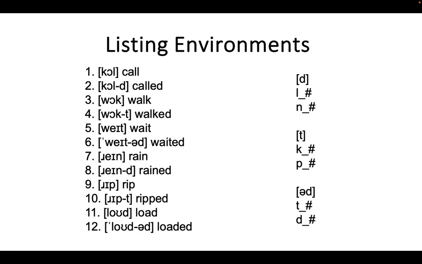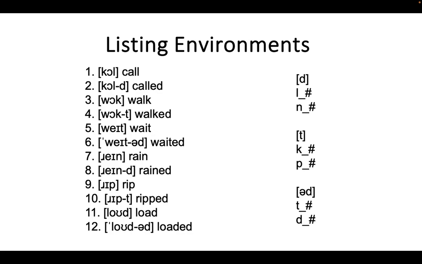Okay, now let's look at the list of sounds before that, the list of sounds for verbs that have the suffix t. We see that that allomorph comes after verbs that end in k or p. Both of those sounds are voiceless sounds.